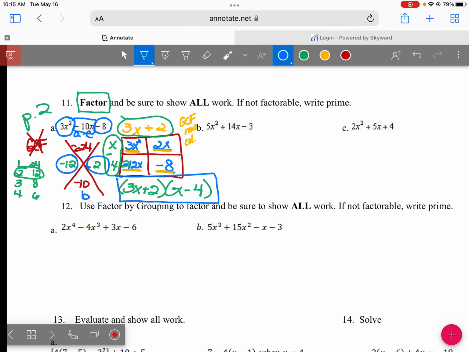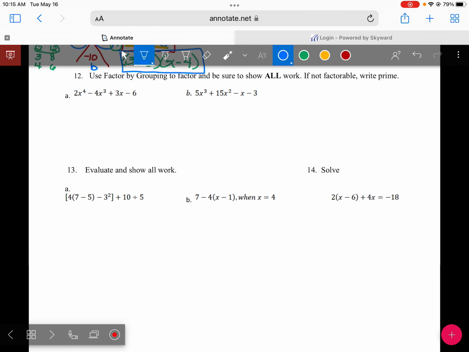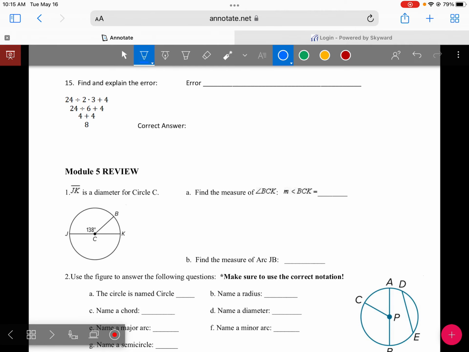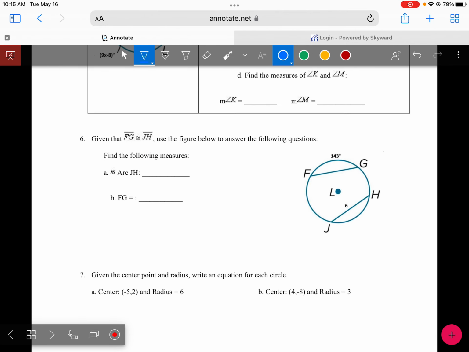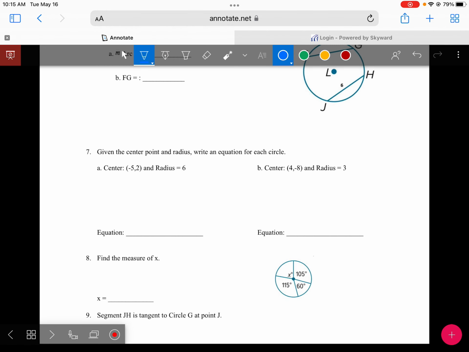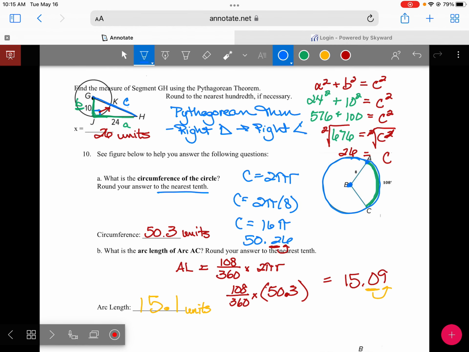Oh, okay. I'm just looking up. What other questions would you like to look over? We did 21. 21 on what page? I don't know. There's a page number on your paper.